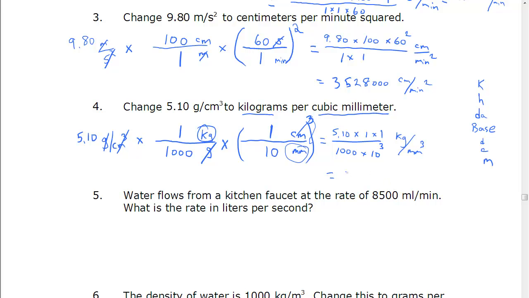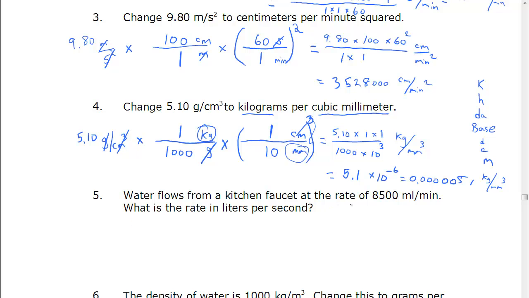So if we work that out, on your calculator, if you have the graphing calculator, it tells you this: 5.1 times 10 to the minus 6, or on your calculator screen, actually -6, which means times 10 to the minus 6. But you can also write it as 0.0000051. And in both cases, the units are kilograms per millimeter cubed.